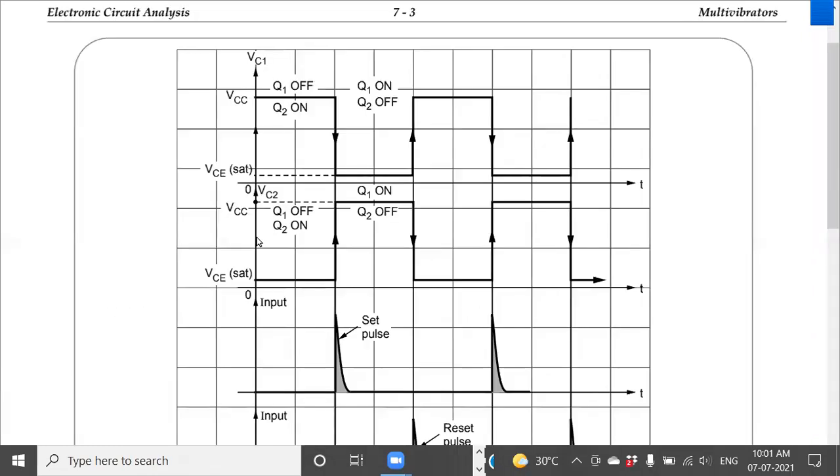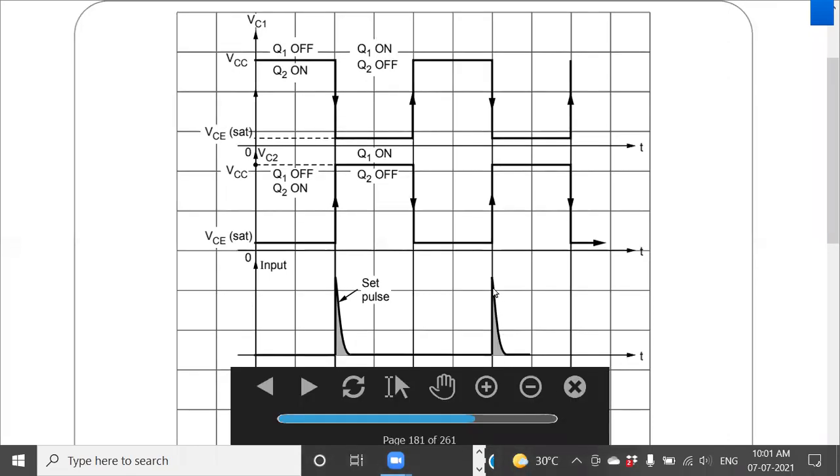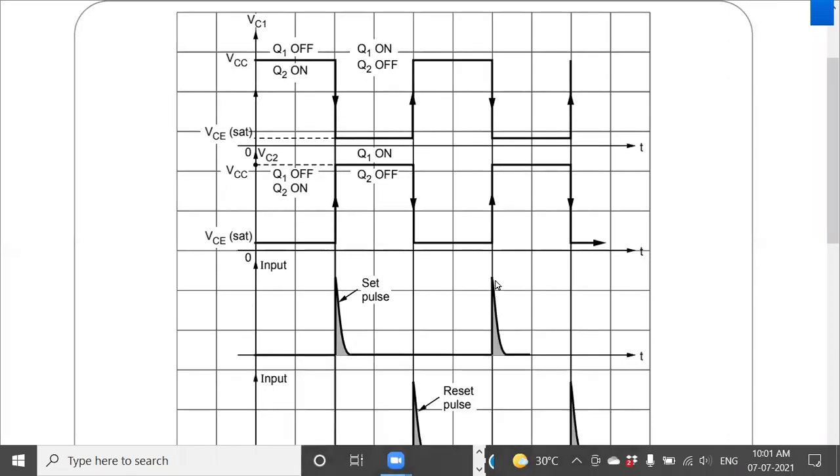So when we give a pulse here, this happens, and when we give a pulse there, that will change the transistors' states, and again we will get this waveform. So this is about our bistable multivibrator.